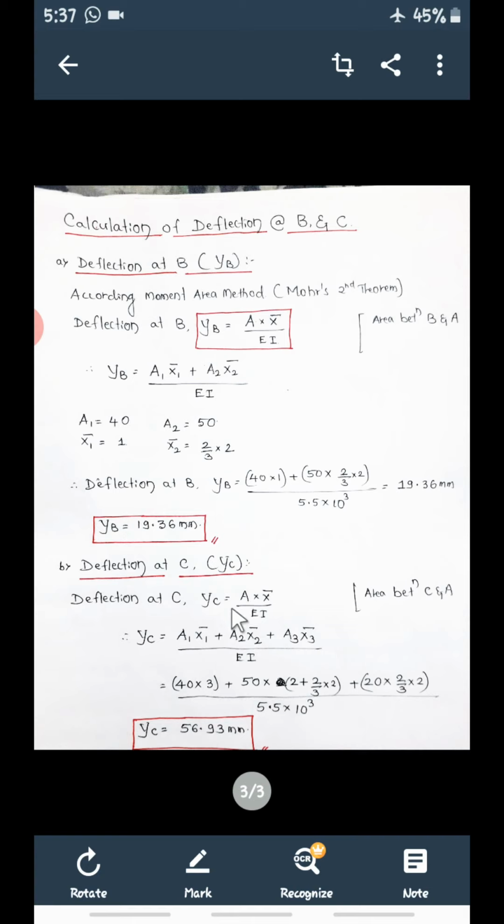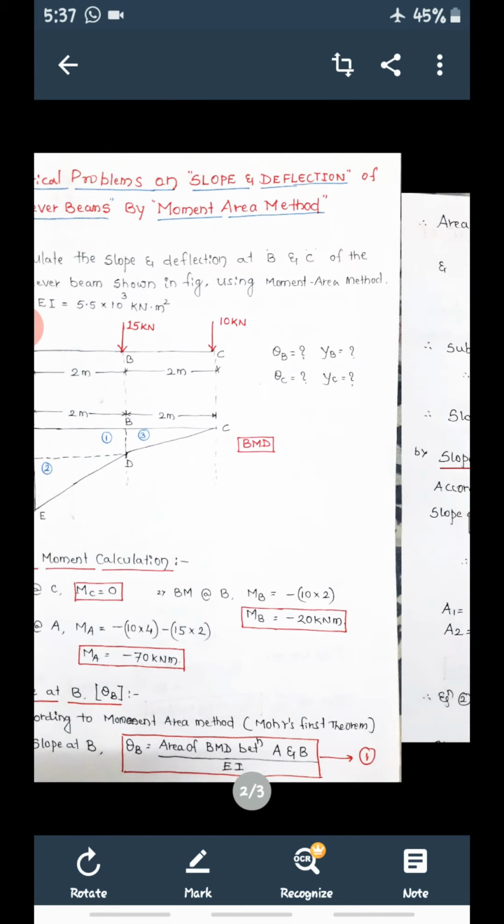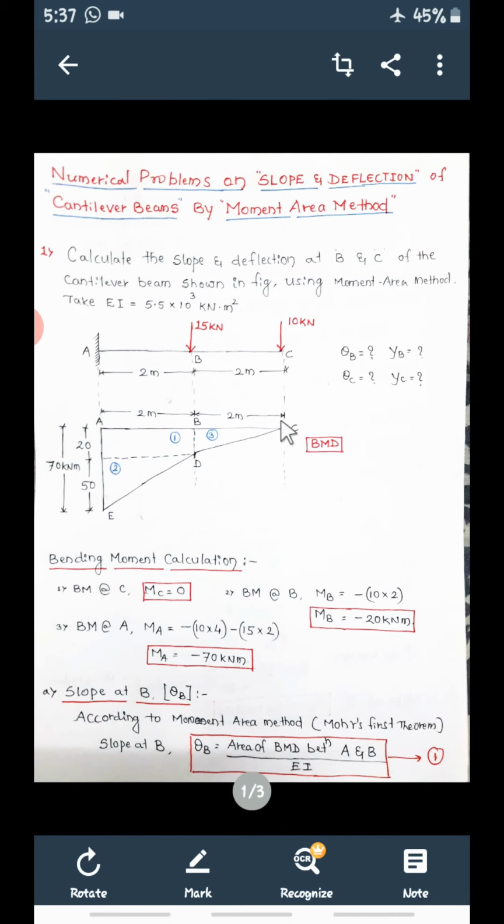Now where are you calculating the deflection? At C. And where is the deflection 0? At A. So now you have to consider the area between C and A, that is A and C, which means this complete area. So 3 areas will come: 1, 2, 3. Area 1 multiplied by x1 bar.